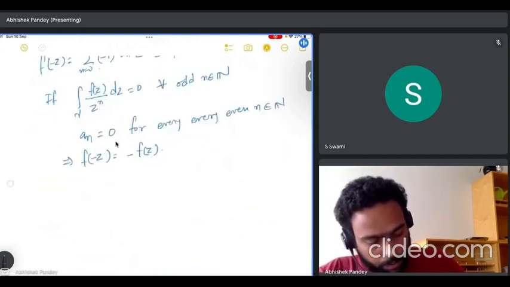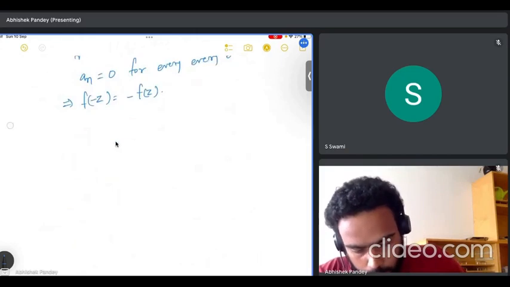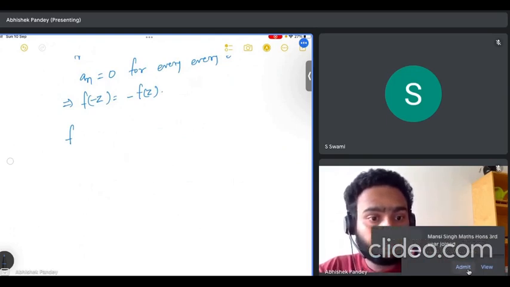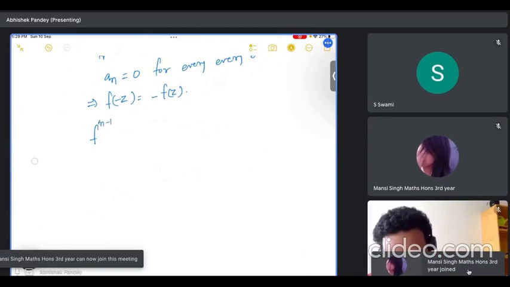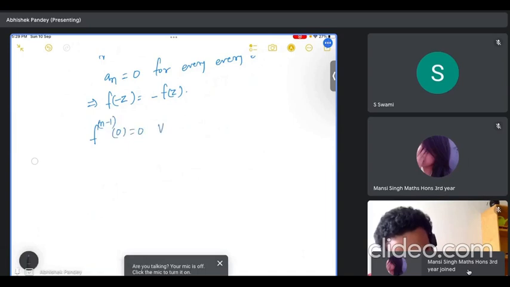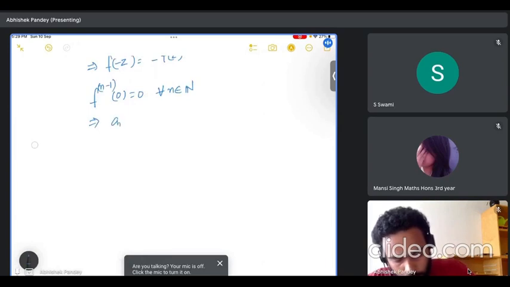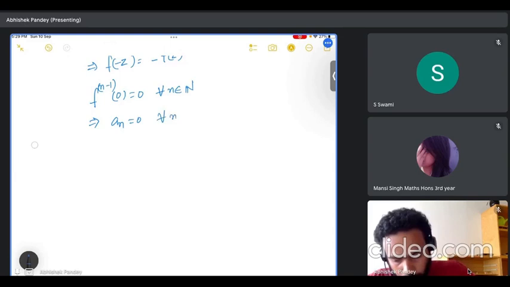Okay, so the fifth one: if it means that a_n is 0, it means that f^(n-1)(0) is 0 for every natural number n, and this implies a_n is 0 for every n, and this again will imply f^(n)(0) is 0 for every natural number n.